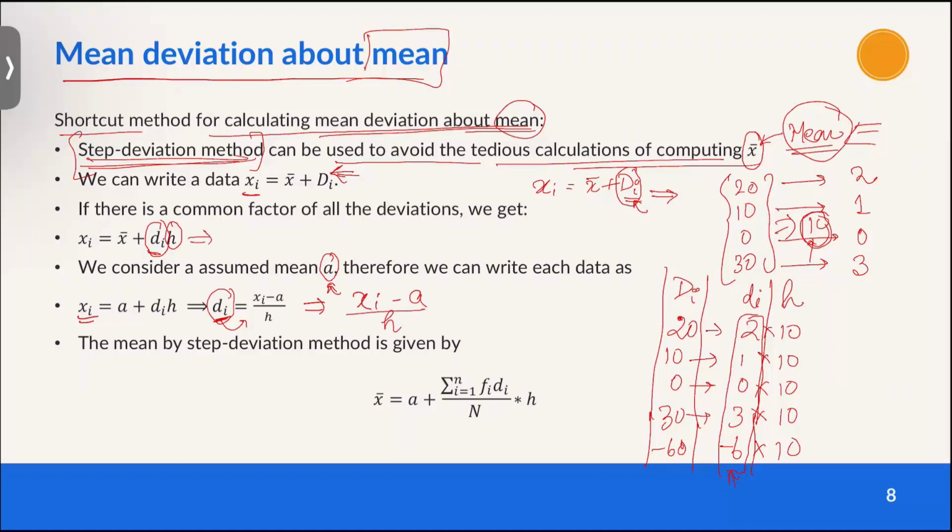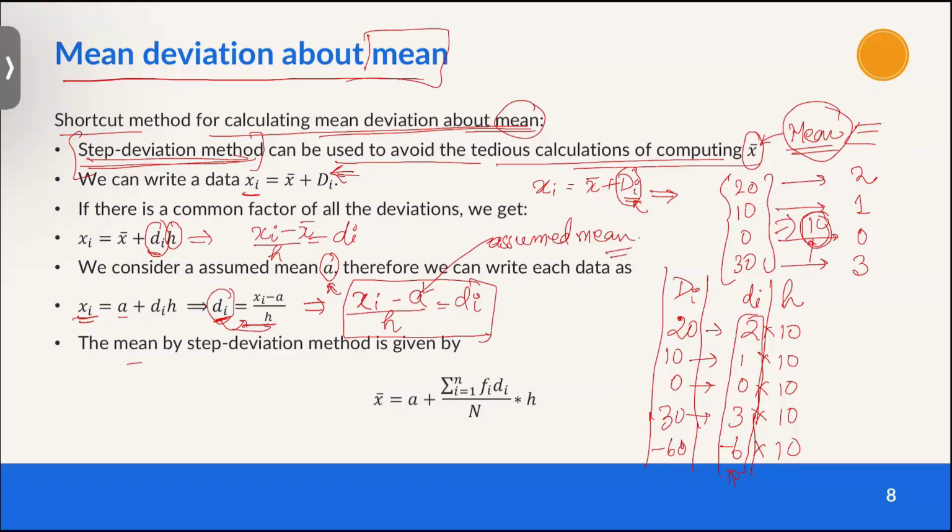We are doing the same thing essentially. You see, xi minus x bar by h is equal to di, right? So similarly, you're doing the same thing here also. This is di. Di is equal to xi minus A by h, where A is the assumed mean.